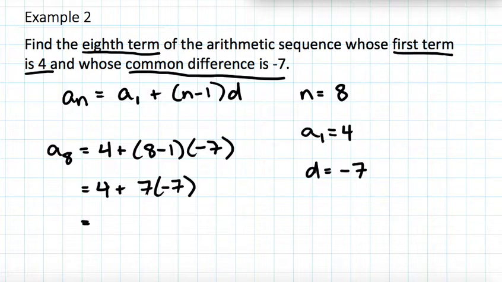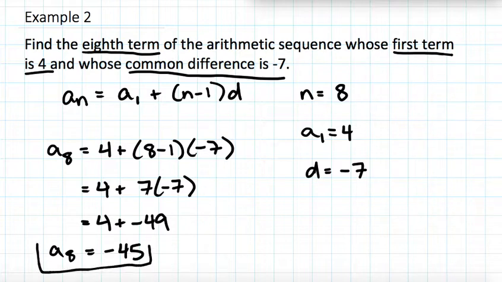Do order of operations correctly. 7 times -7 would come next. That's -49. And 4 plus -49 would be -45. So A8 is -45.